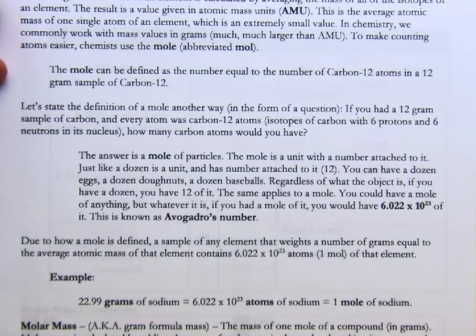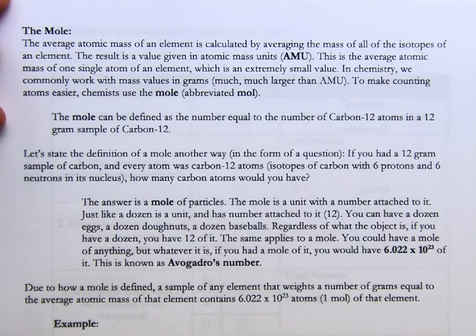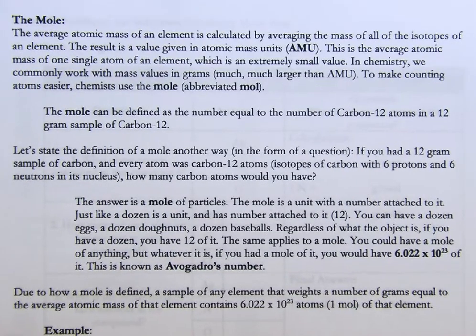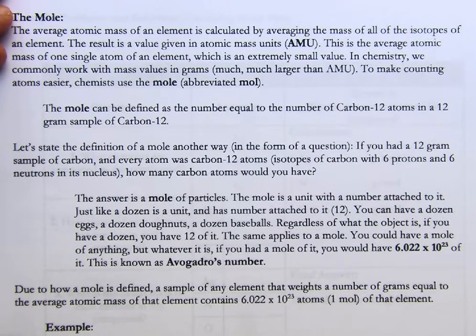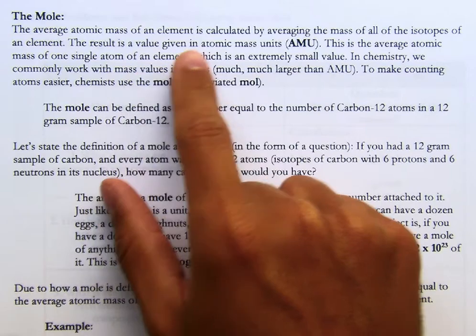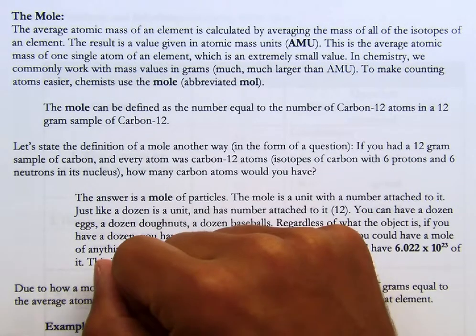Earlier in the year and in an earlier video, I talked about calculating average atomic mass, okay? And we calculated average atomic mass by looking at what isotopes exist and averaging the mass of those isotopes, taking into account the abundance of each.